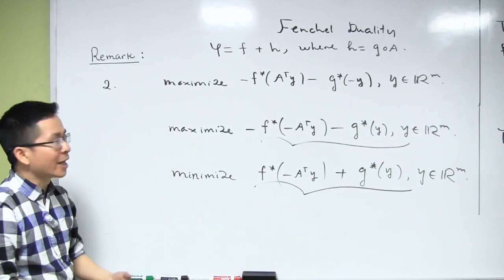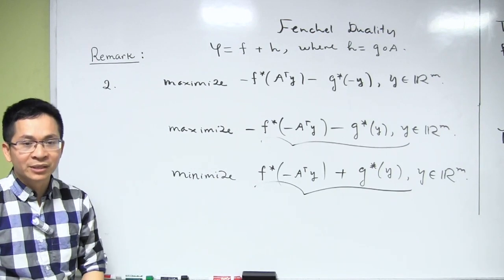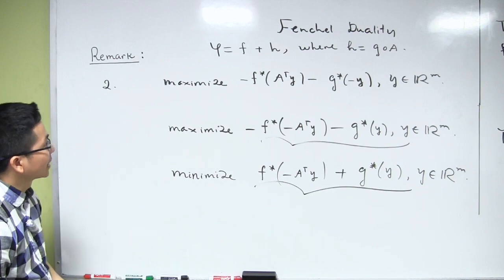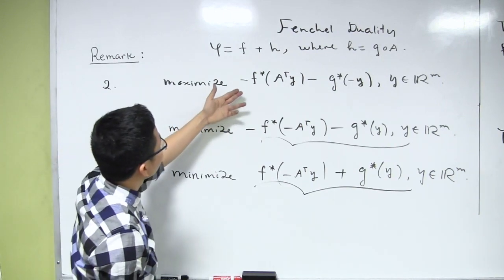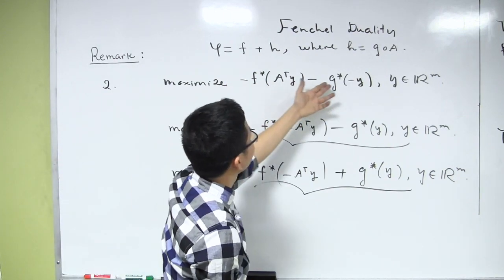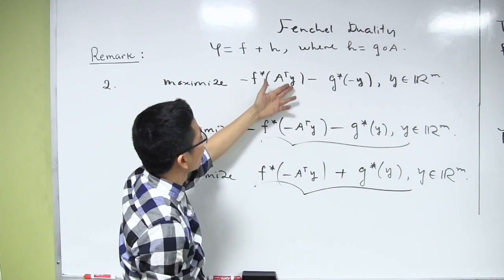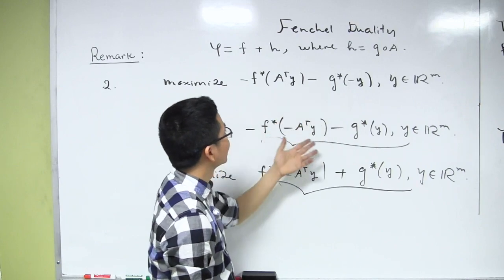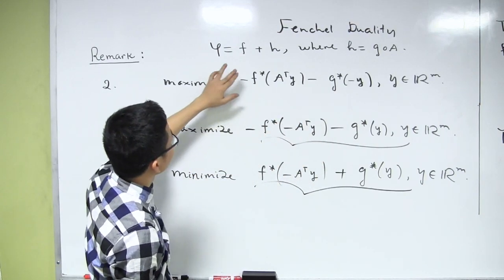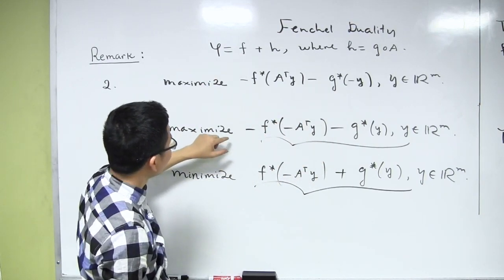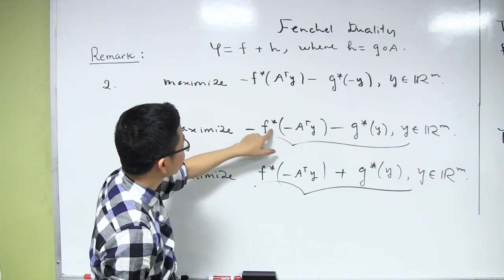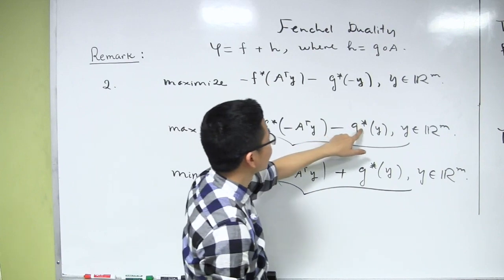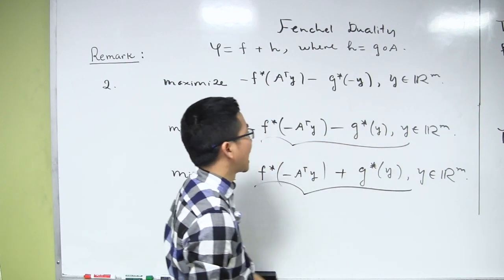Note that there are some other forms of the Fenchel dual problems. Instead of maximizing this function, we can replace y by minus y and come up with this maximization problem. So we can solve this optimization problem by maximizing minus f star of minus A transpose times y minus g star of y, where y runs in R^m.